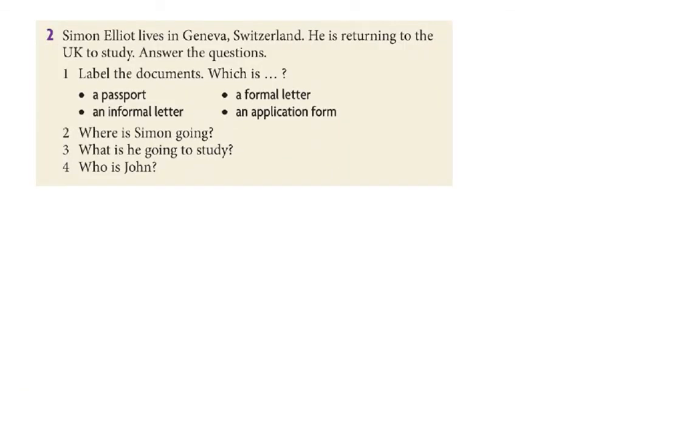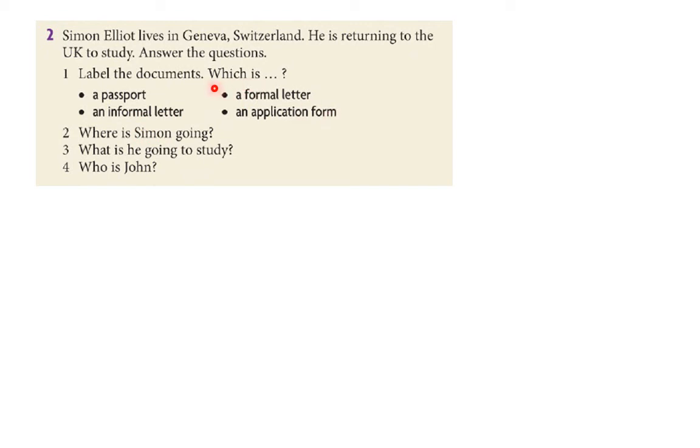We are now on page 2, specifically exercise 2, and as you remember, in the first lecture, we did exercise 2, and we answered the 4 questions. The first question was about labeling the documents. We have 4 types of documents: passport, formal letter, informal letter, and application form.